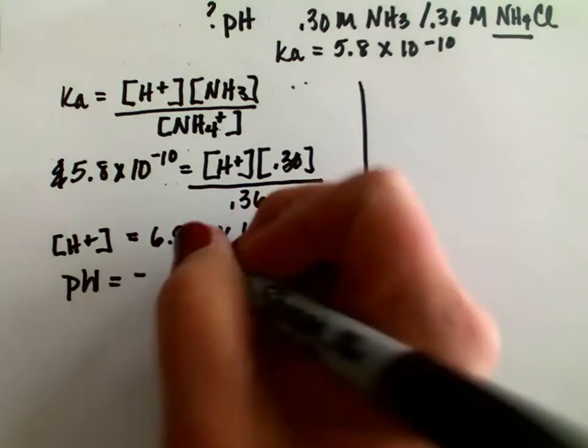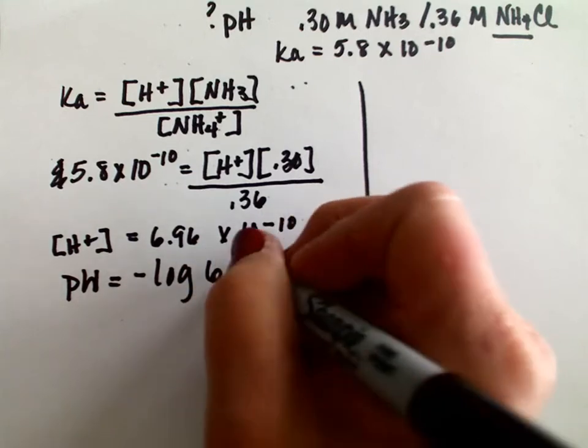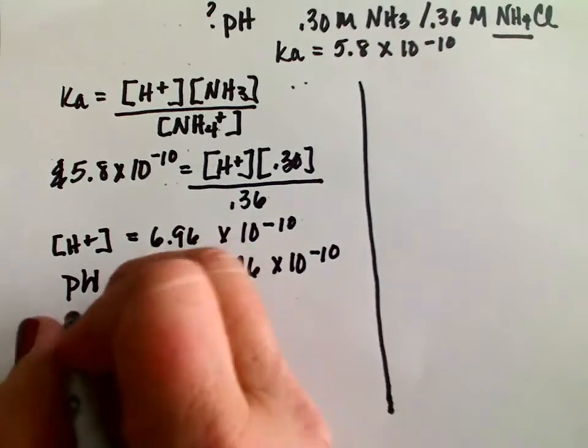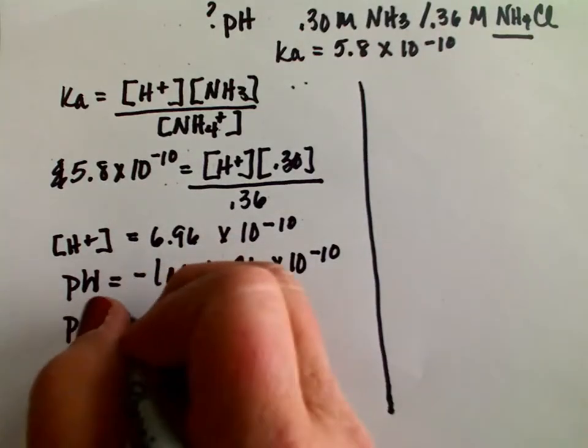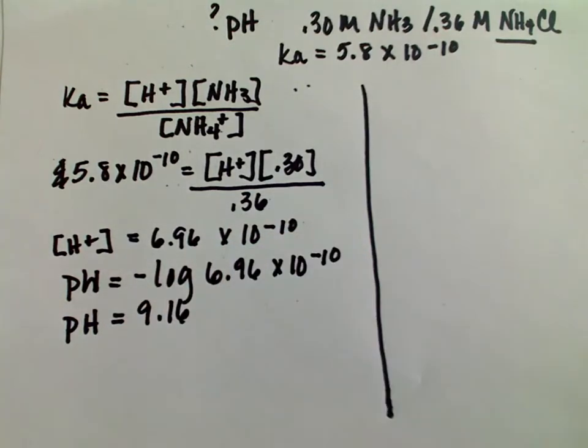Calculate pH, taking the negative log of that concentration. And our pH of this buffer is 9.16.